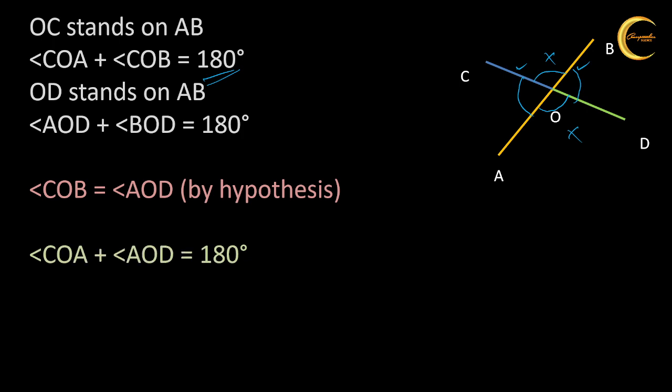Now you see the angle COA. So angle COA and angle AOD should sum to 180 degrees. There is only one logic here. The summation of angle COA and angle COB is 180 degrees.